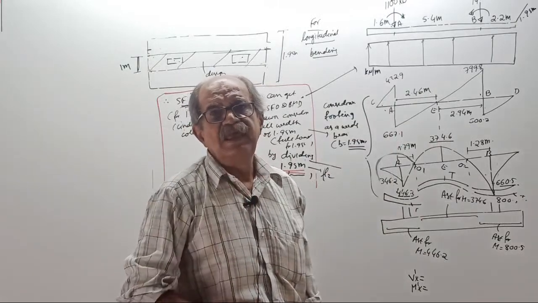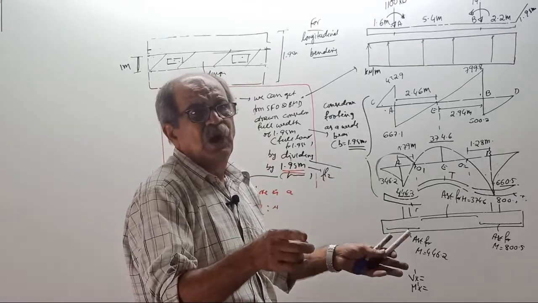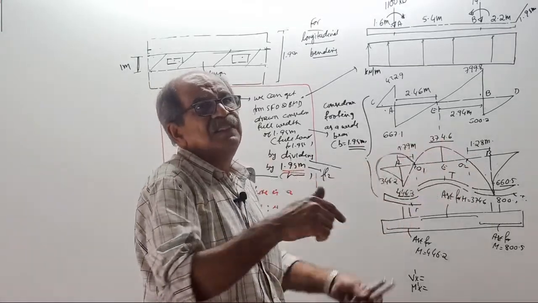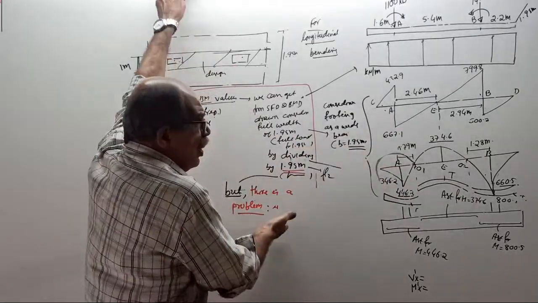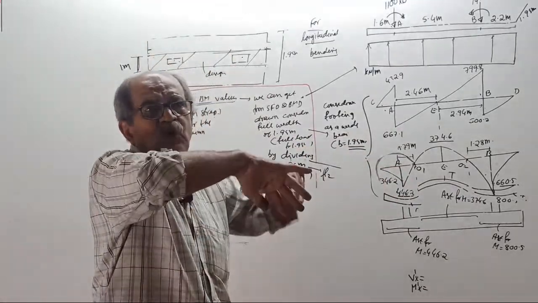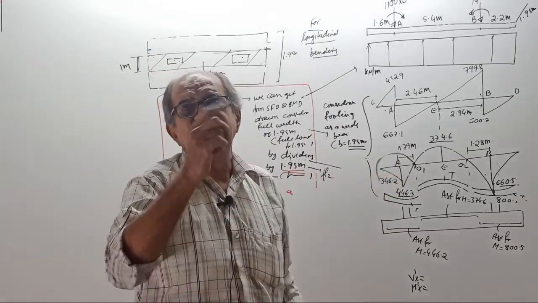But actually, the full width will not participate. It will participate, no doubt, under the column with a little severe effect. Elsewhere, lesser effect. I have told you about bending on RMS now. As you go away from the column, the lengthwise bending will keep on decreasing.